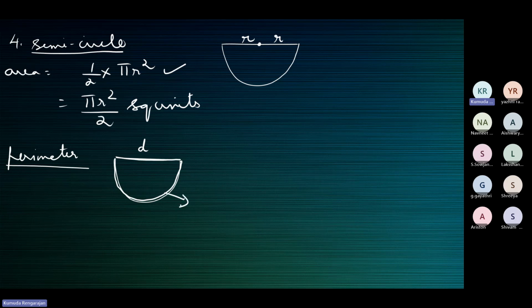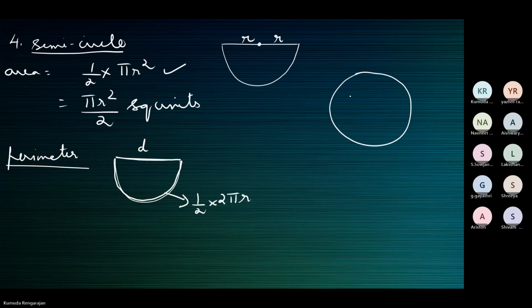The length of this arc is half into 2 pi r, because the full circle is 2 pi r. So half of it, the length of this arc, will be half into 2 pi r.